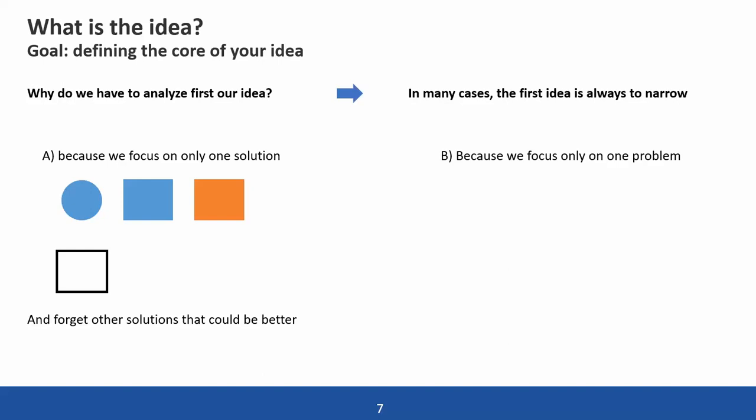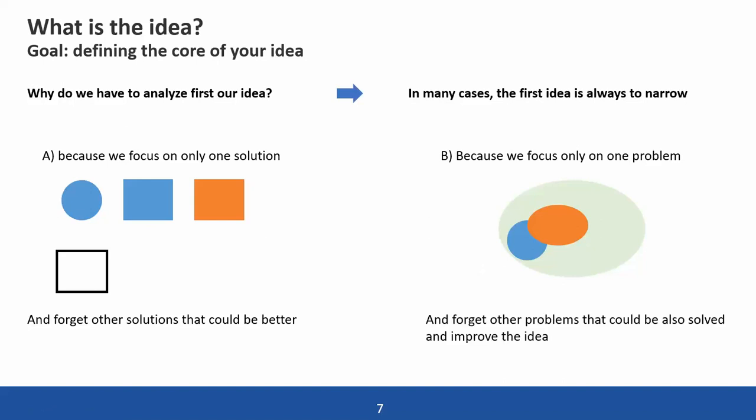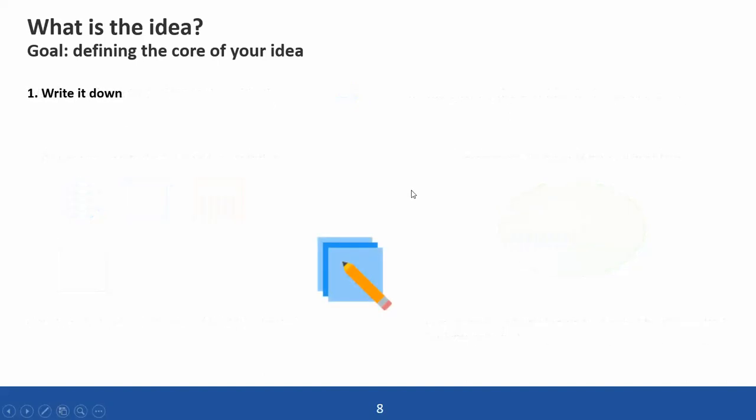The other thing is that you're not focusing on the correct problem. Perhaps your problem is a little bit more to the right if you adjust it, or it's part of a bigger, more complex underlying problem that you really want to solve. So don't forget it. It's good to focus first on the idea and work a little bit with it. The first step, you have to do it.